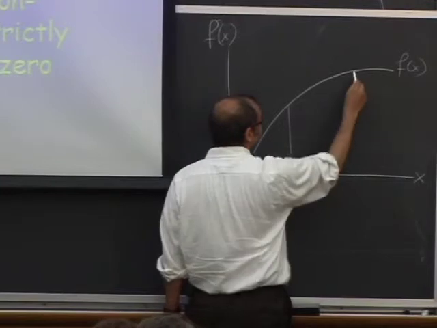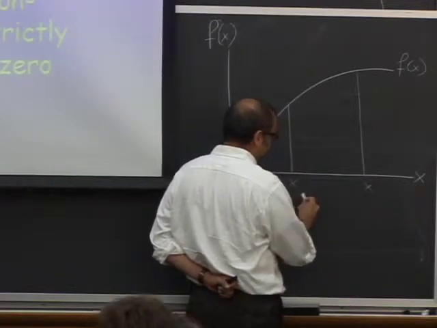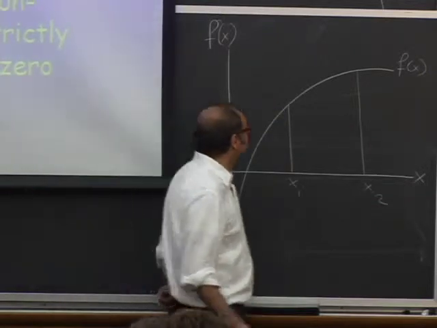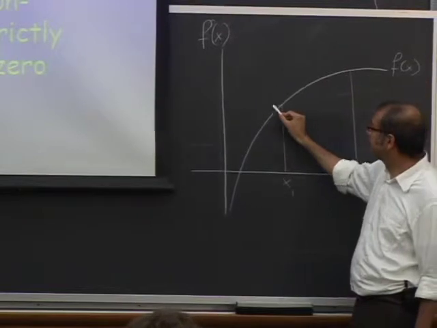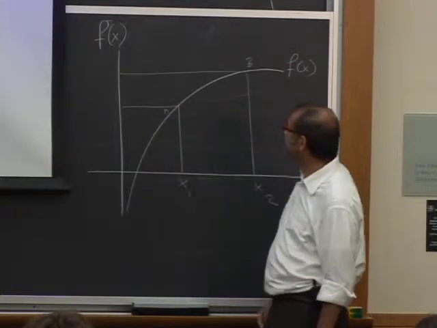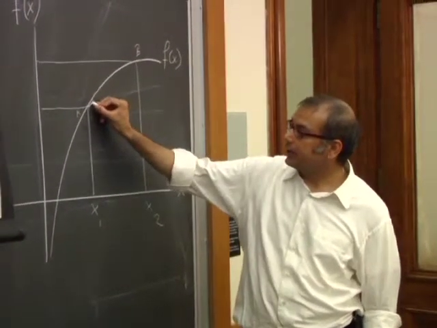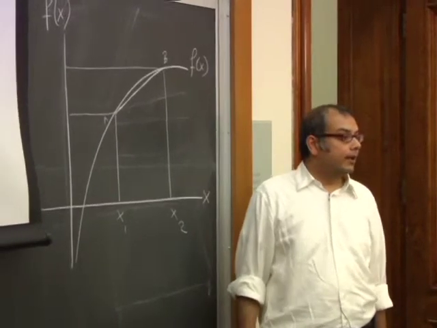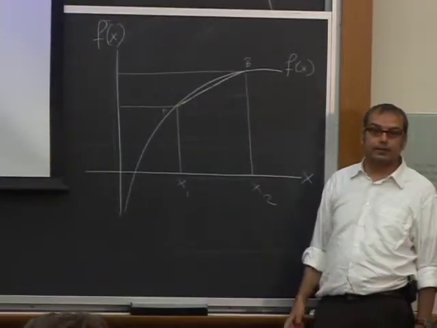For a concave function, if you take two points along the x-axis, let's say x1 and x2, and you evaluate the function at those points, you draw a straight line joining the two values of the function, that straight line will always lie below the function itself. That's a concave function.